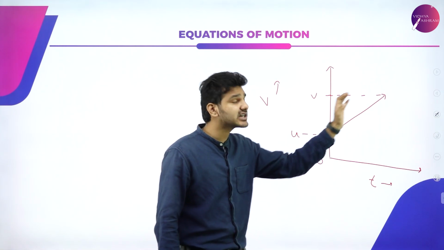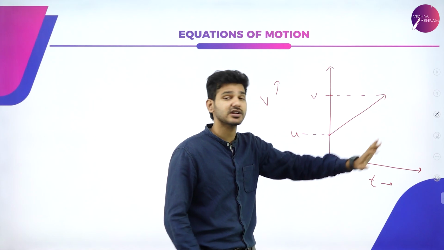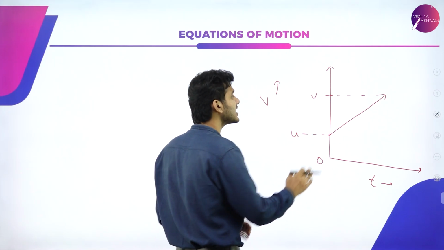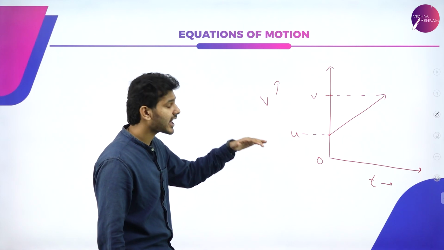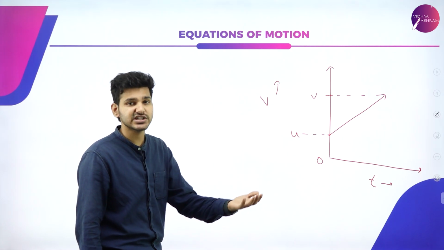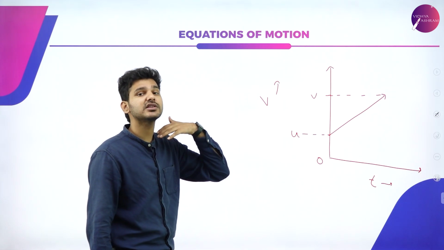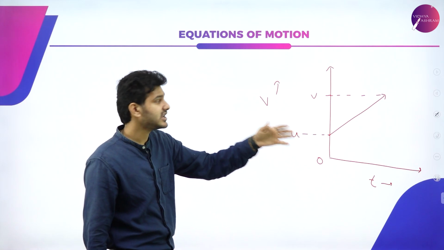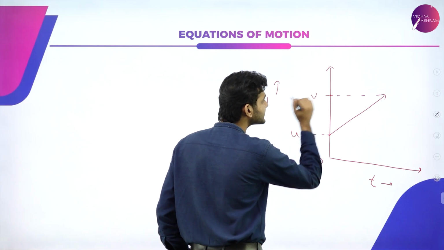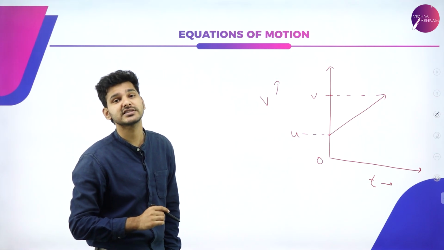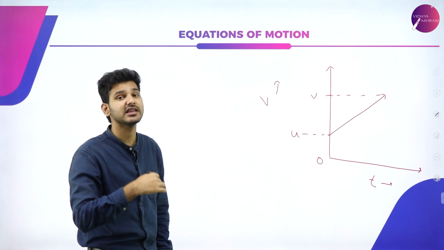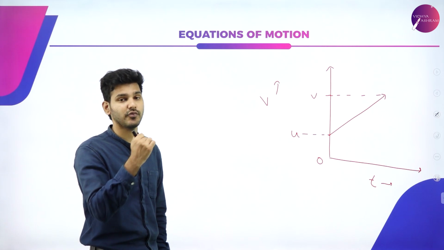So the graph is increasing steadily upwards, but for our case, I'm only taking a small portion till here. So what is exactly happening here? There is an object which is having an initial velocity. It is moving with a uniform increase in velocity. So we can say that in this particular point where the graph is ending, it is having a velocity of capital V, or simply the final velocity is V.